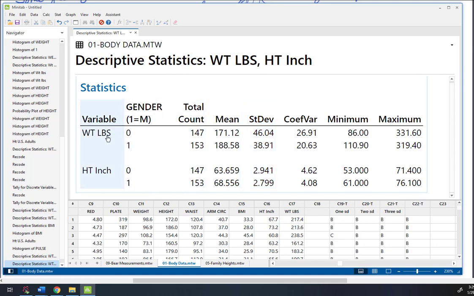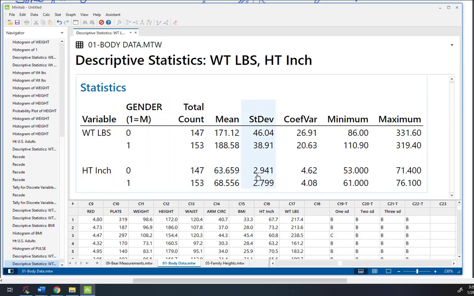I think I said we were going to use women's height. So this would be the standard deviation for women's height, 2.941, and the standard deviation for men's weight would be 38.91 pounds. The problem there was I didn't write anything down. I was doing that off the top of my head, but you get the idea.